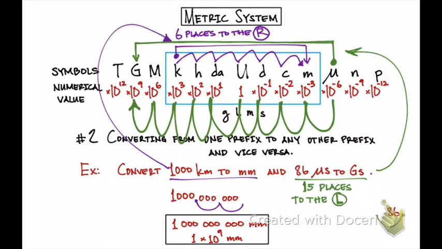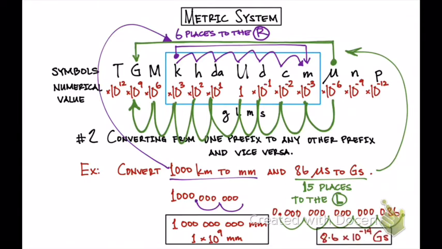So that's 3, 6, 9, 12, 15. And then all you have to do now is add zeros there. All right. So that's the answer. Or you can also convert this to scientific notation, so you don't have to keep writing all the zeros. So that's 8.6 times 10 raised to the negative 14 gigaseconds.